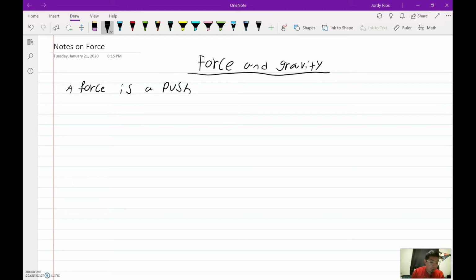A force is a push or pull on an object. Okay.